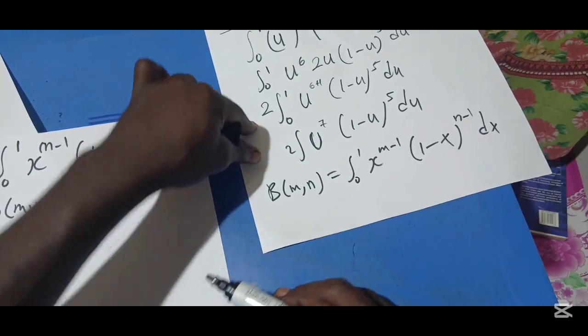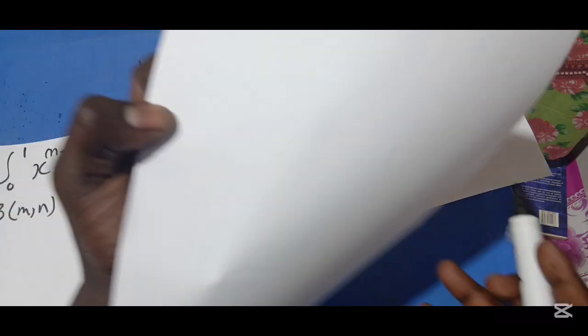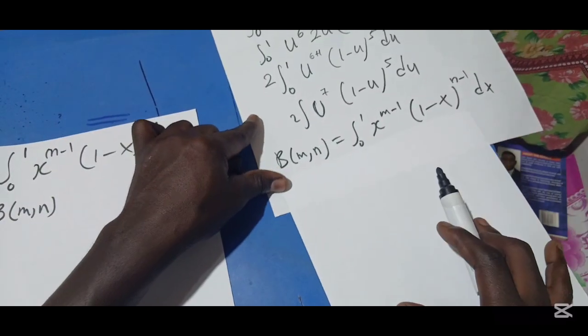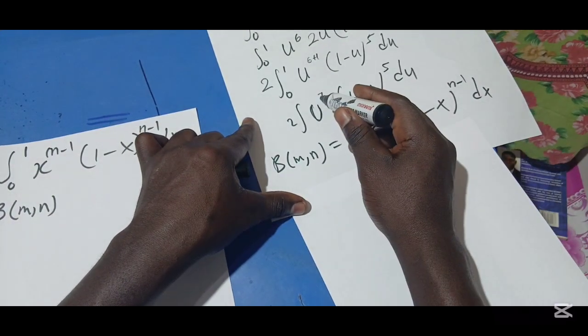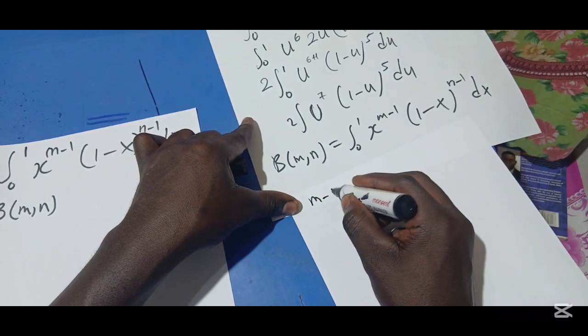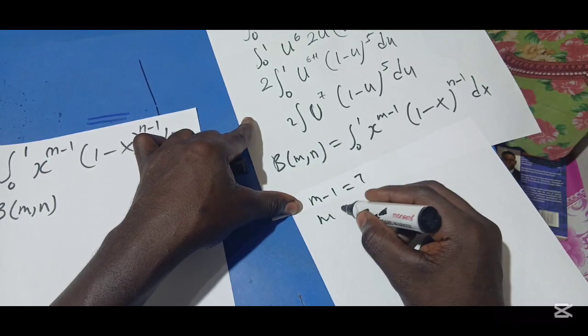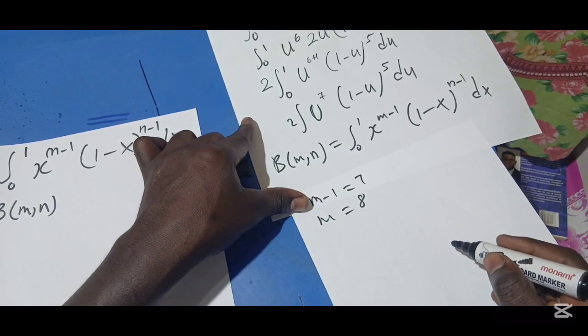So in doing so, our u to the power 7 here should correspond to x to the power m minus 1. So m minus 1 equals 7, so negative 1 crossing gives us m value to be 8.